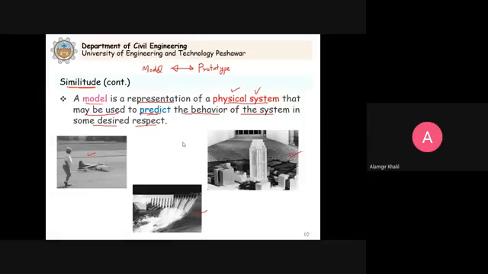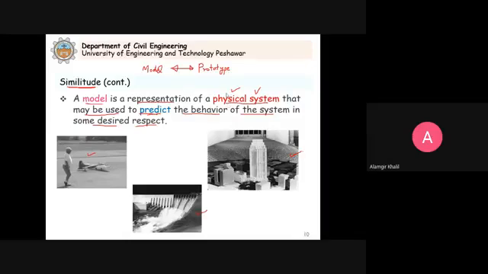Clear? As I earlier said, these similarity laws enable us to experiment with a convenient fluid, for example water or air, and then apply the results to a fluid that is less convenient, for example hydrogen, steam, oil, etc. Clear? So now what is a model?